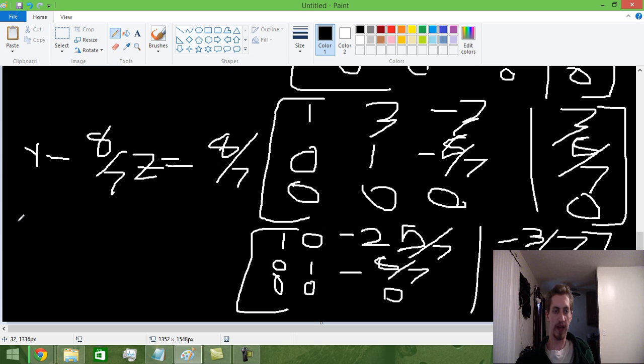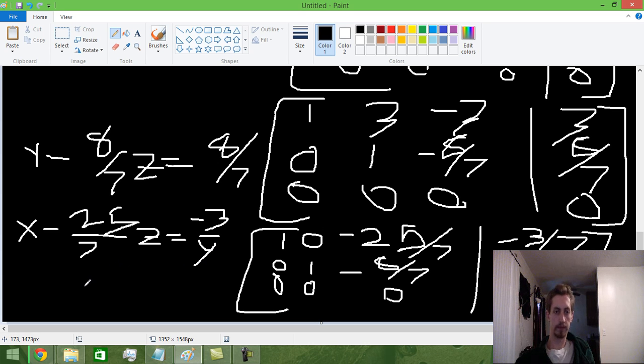So what we have here is we have x minus 25/7 z equals negative 3/7. And then on the bottom here, we have y minus 8/7 z equals 8/7.